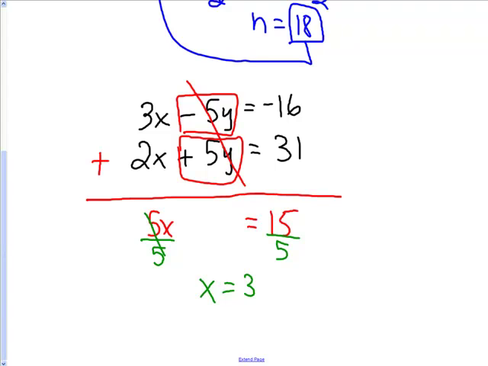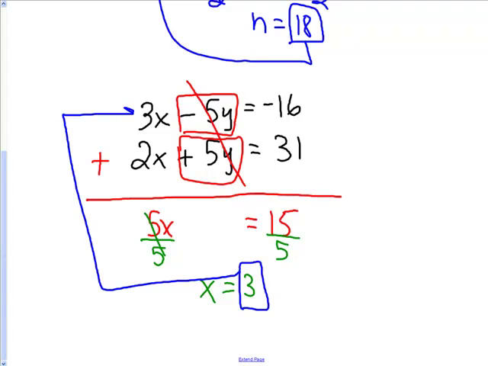Now that we know what x is, let's take that value for x just like we did before when we solved by substitution, and let's go back and plug into this equation. Now remember, you're going to write the entire equation out. Put the y term back in, just because we want to solve for y, of course. So we get 3 times 3, because we solved for x at 3, minus 5y equals negative 16.